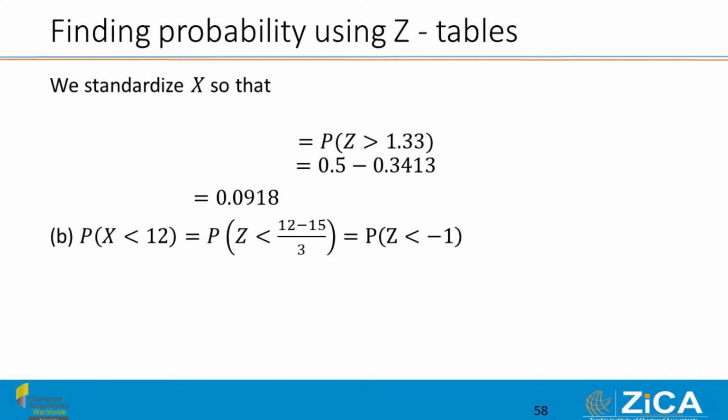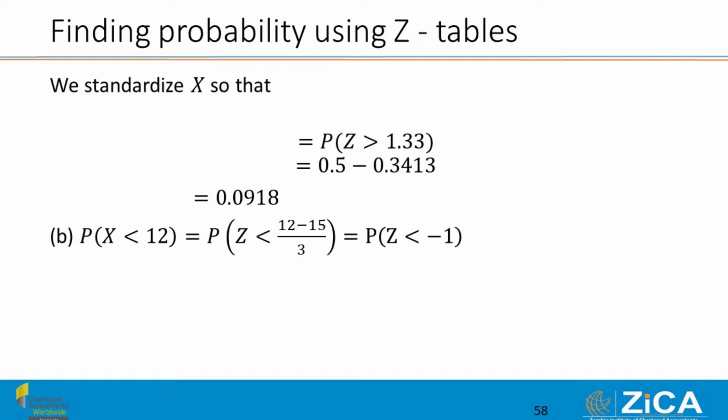So 1.3 and 0.03, where they intersect, they will meet at 0.341. Now, since that is the area between 0 and Z, which is 1.33, it is 0.341. We subtract it from what? From 0.5 to give us 0.0918.